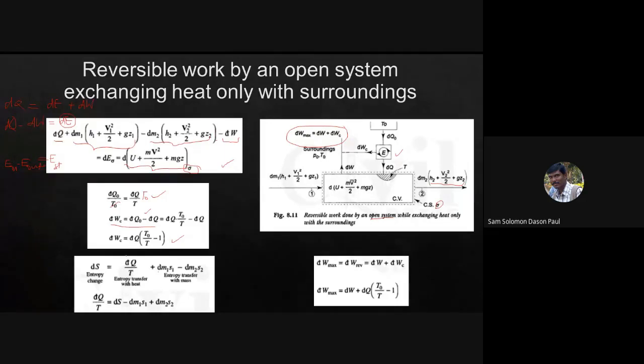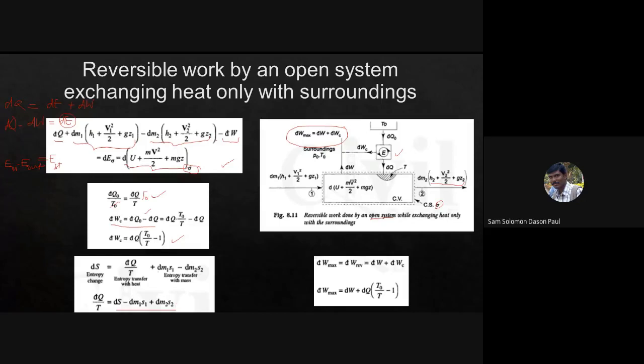So this term dQ by T is because of the heat transfer, and this term is because of the mass transfer. So dQ by T can be written as dS, the total entropy change, minus dm1 s1 plus dm2 s2.